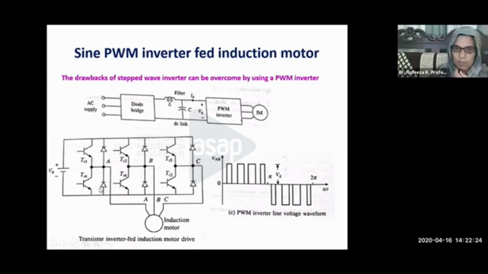Here we can see the output voltage waveform from the PWM inverter setup. PWM means pulse width modulation, so these are the PWM pulses. The fundamental output voltage in this case will be a sinusoidal waveform.